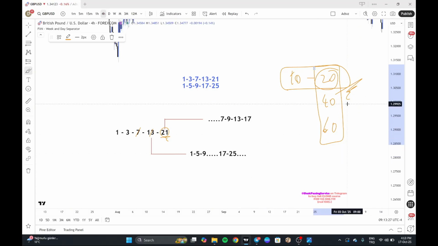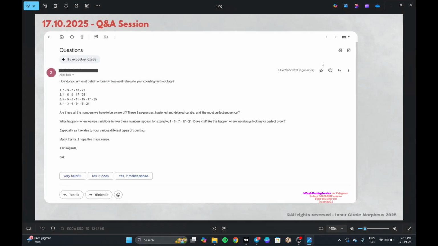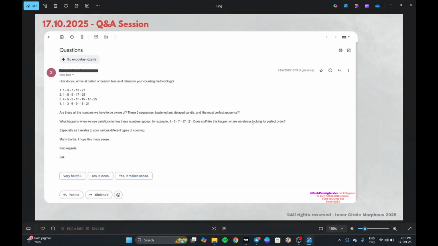But I kindly want you to remember that everything doesn't have to be perfect in your trading. But when it comes to this sequence and numbers, everything should be perfect for the high win rate trades. Of course, you can focus on these things, trying to learn, trying to figure it out. But your first priority is to be a profitable trader, right?